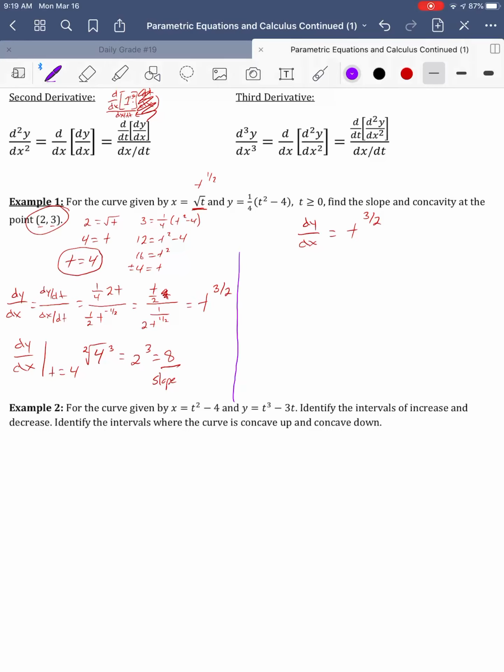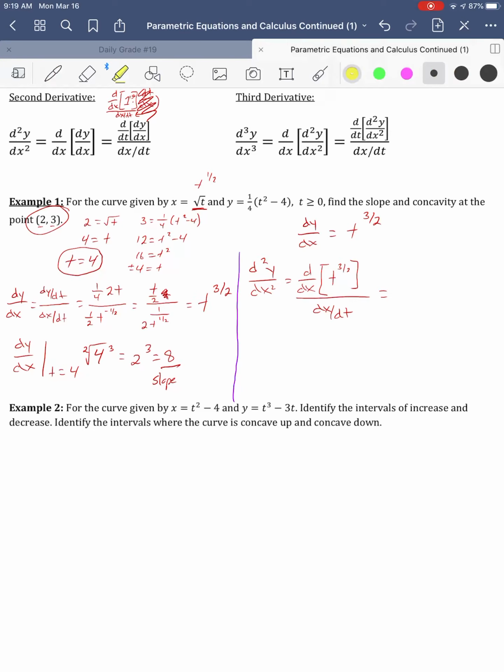All right, so to find the concavity, you need the second derivative. So to find the second derivative, d squared y dx squared, you take the derivative of dy/dx, so the derivative of the first derivative, but you have to also chain it and divide by dx/dt again.